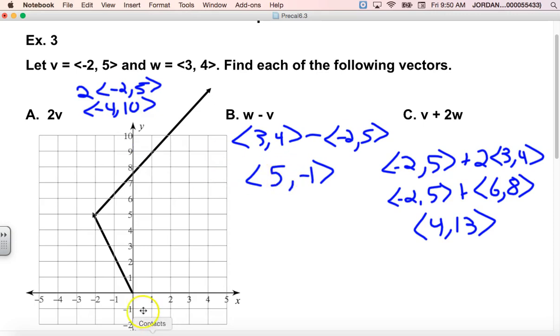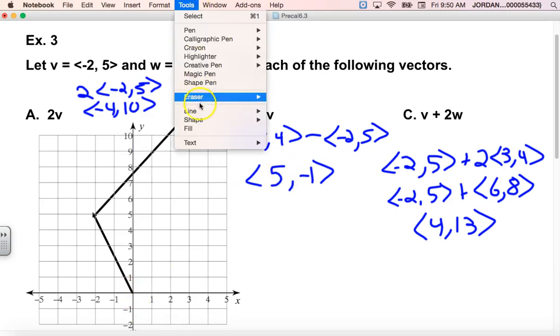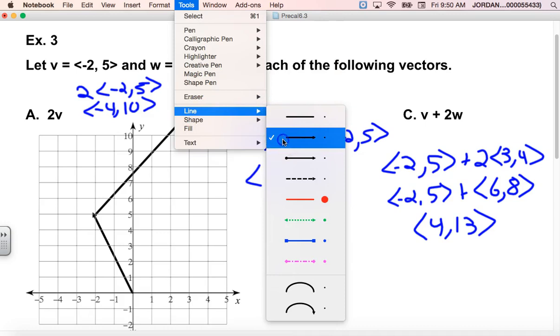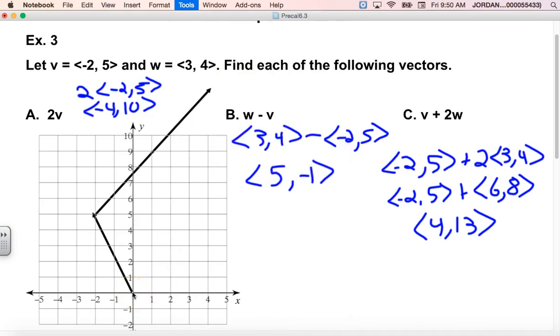And so now you can imagine if you draw a vector connecting those from here to here, you're going to go up 13 on that vector and over 4. Right, so that would be your v plus 2w vector, over 4 and up 13.